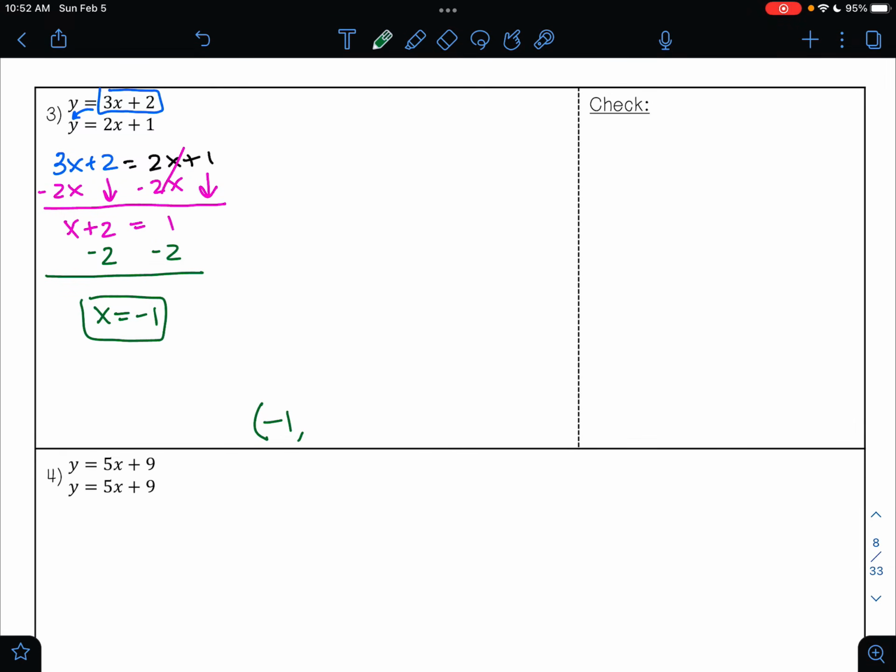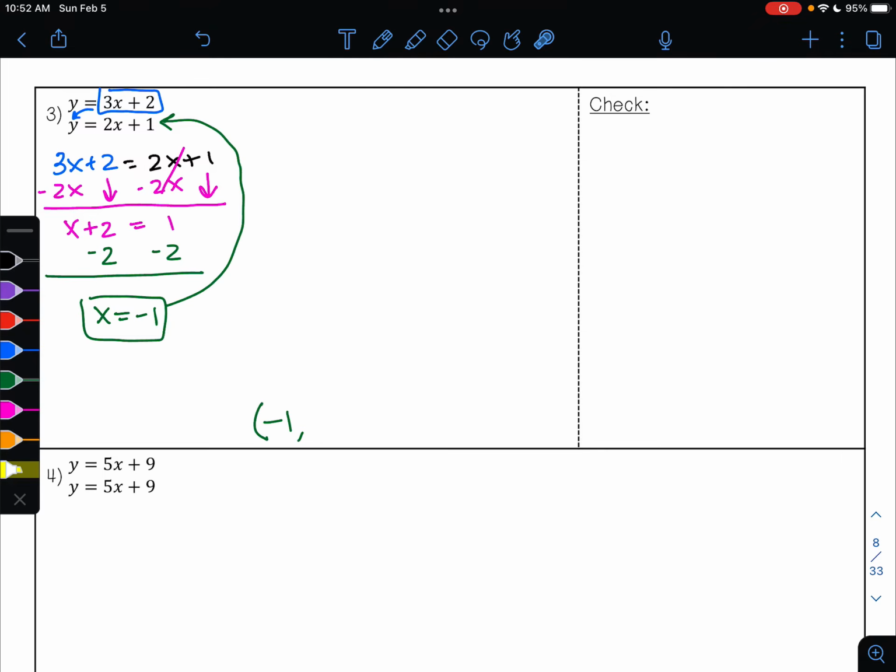Now that I know what x equals, I can take that and plug it into either one of these two equations. It does not matter which one you pick. I'm going to pick this bottom one, y equals 2x plus 1.